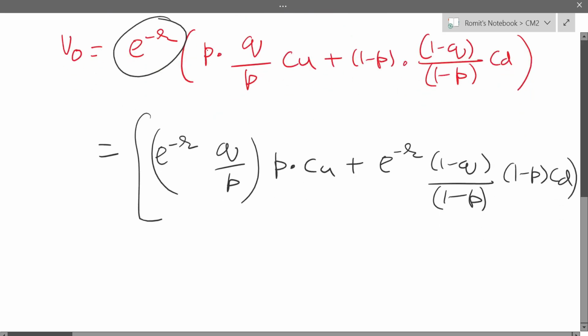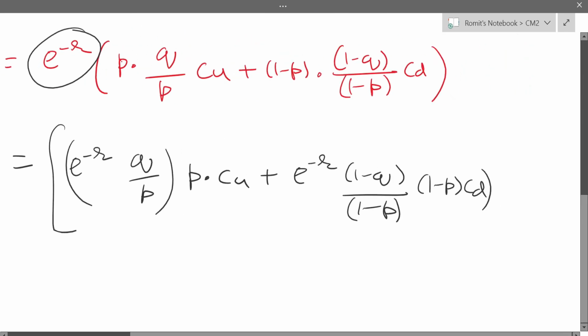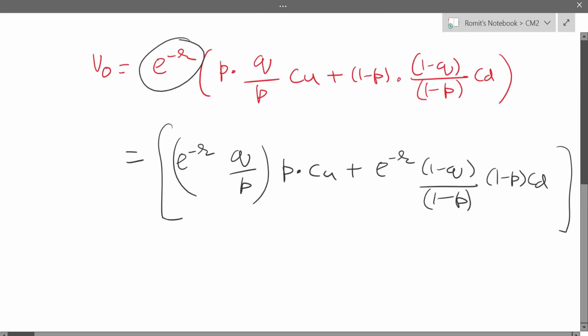So this is what we have. This is the expression that I am looking at, and then this term, I'll show you what the state price deflator is.